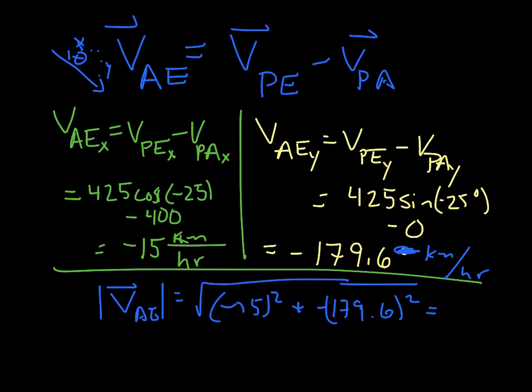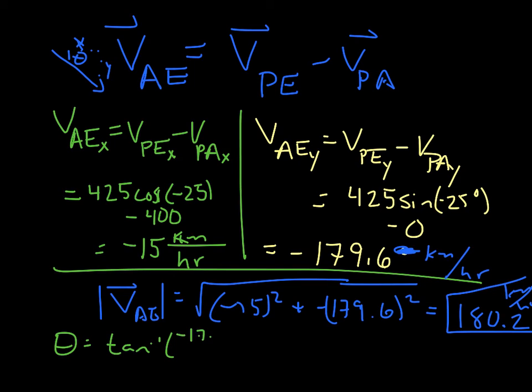So when we square this, we get 180.2 kilometers per hour. But we're not done, because our answer is a vector, so we have theta equals tangent inverse of y over x, so negative 179.6 over negative 15, which equals 85.2 degrees.